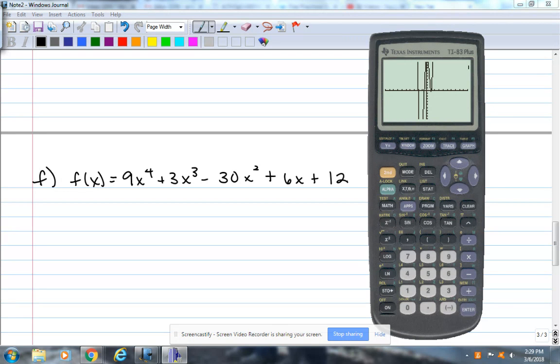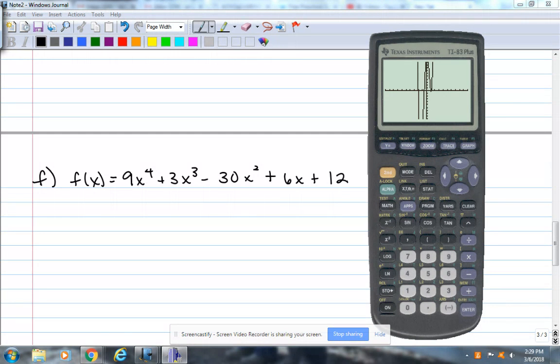Whoa. Okay. So, tell me an x-intercept that you think you can see. -1. No. Maybe positive.